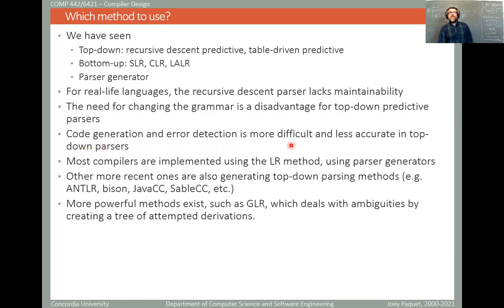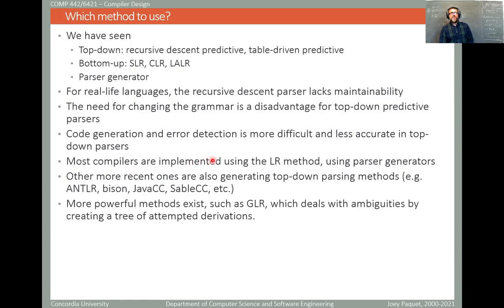Code generation and error detection is more difficult and less accurate in a top-down parser. There are some cases where a top-down parser will detect or figure out that there was an error only after the actual occurrence of the error itself, which means it's not going to report the error very accurately to the programmer. That's one of the disadvantages of top-down parsing.